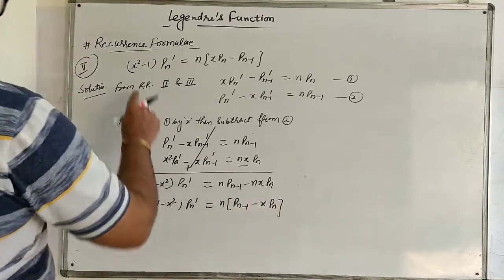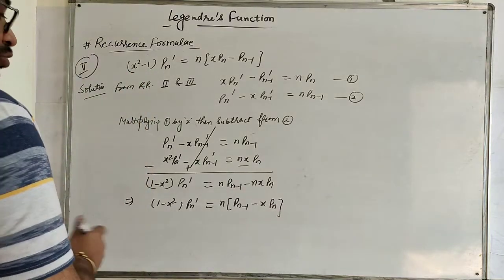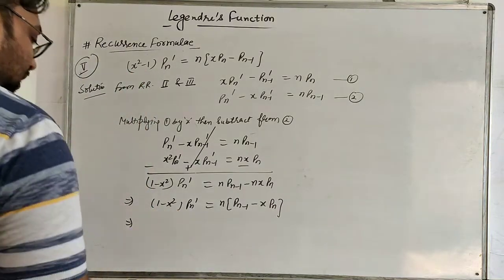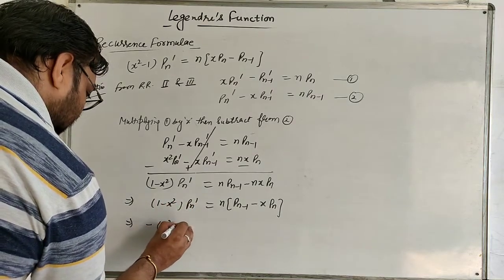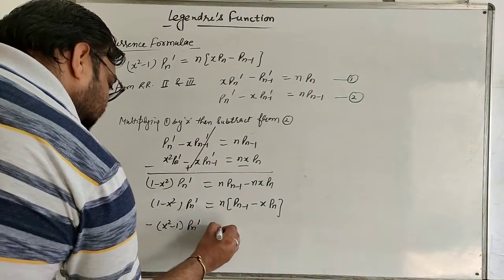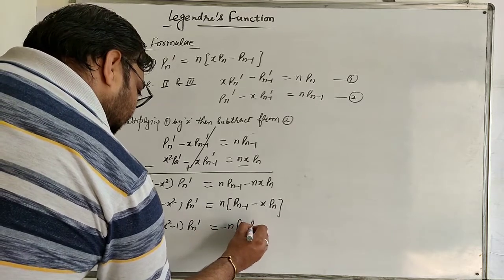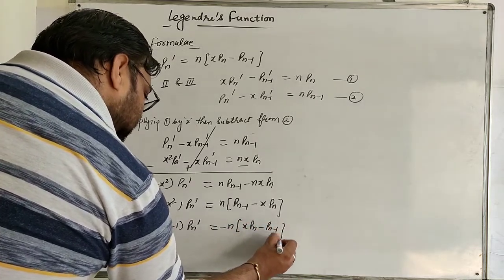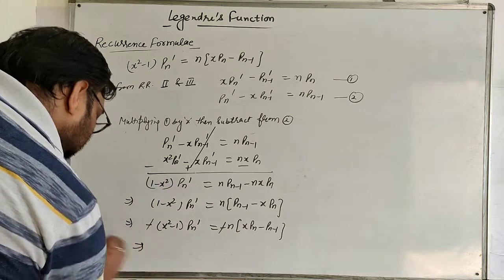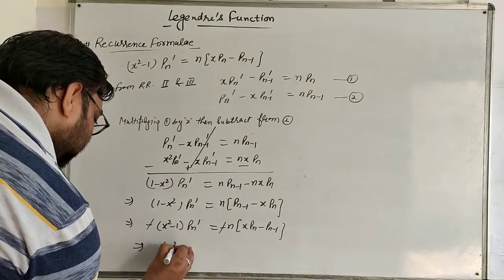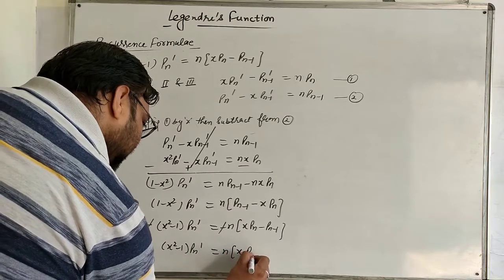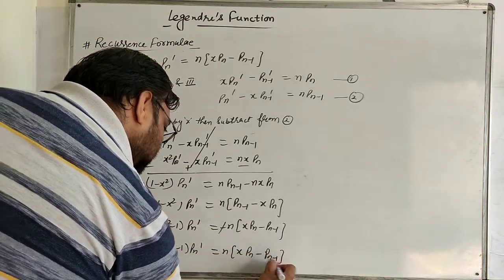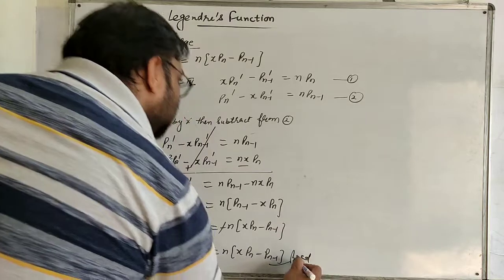But we require x square minus 1, so taking minus from both sides, minus (x square minus 1) Pn' is equal to minus n(x Pn minus Pn-1). So cancelling this n, this minus 1, we get (x square minus 1) Pn' is equal to n(x Pn minus Pn-1). So this is the required Lagrange relation.